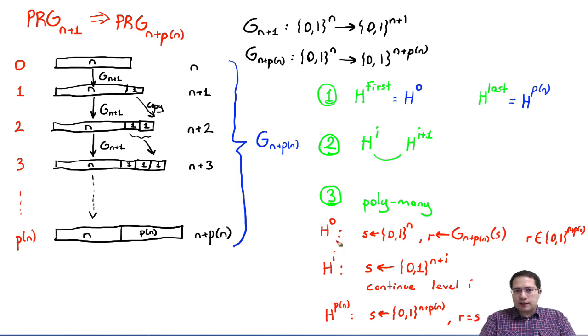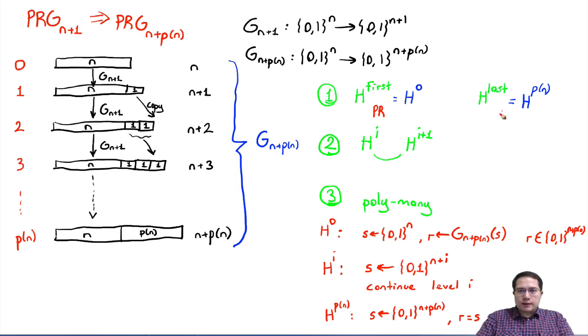Now, if you consider these hybrid definitions, H0 essentially is picking a random S, running Gn plus Pn, and then outputting. So my H0 is in some sense the pseudo-random experiment. What is H Pn? H Pn is picking a truly random value of the same length as the output of my pseudo-random experiment.